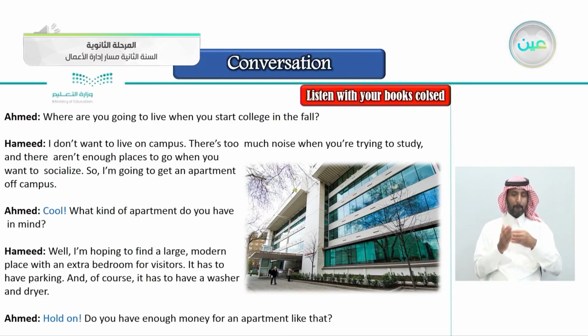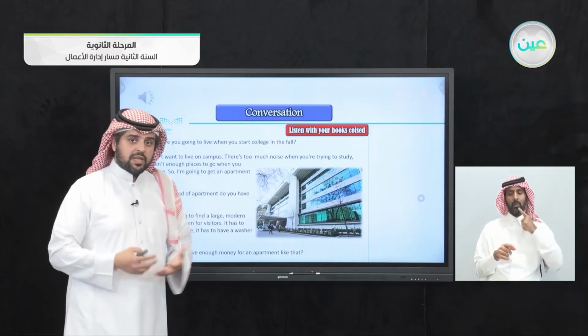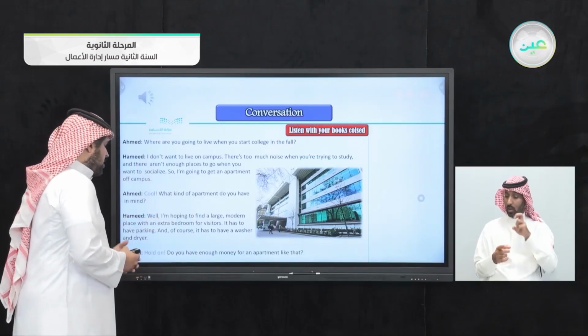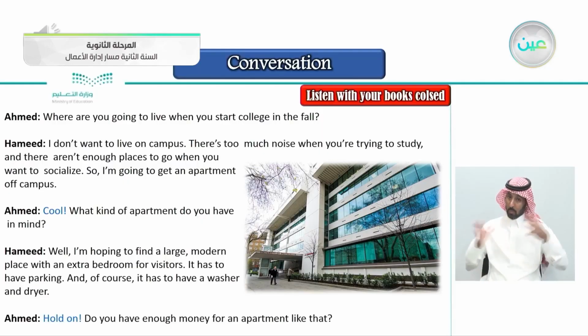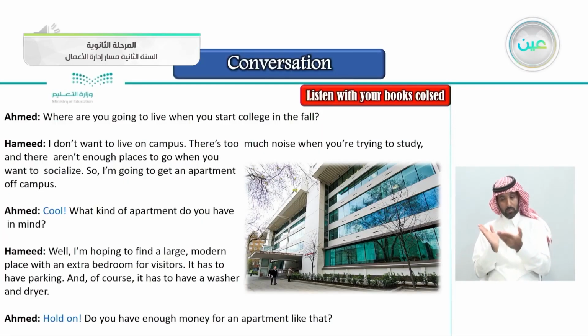His friend Ahmed finds it cool, and he's asking what kind of apartment he would be having. So Hamid replied, I'm hoping to find a large, modern place with extra bedrooms for visitors. So maybe he's expecting his family or friends. It has to have parking, and of course a washer and a dryer.